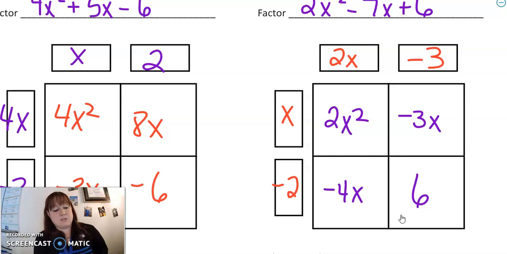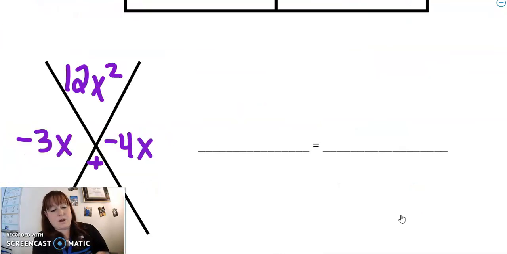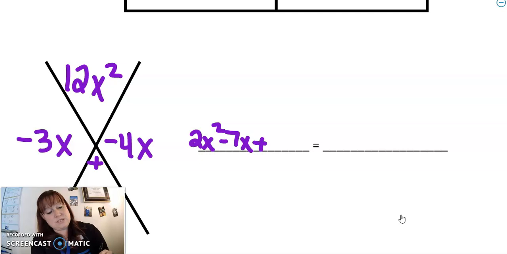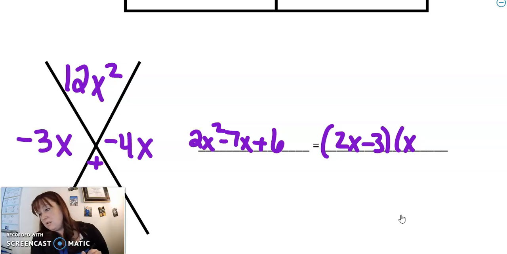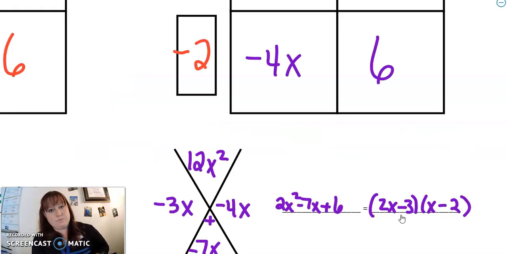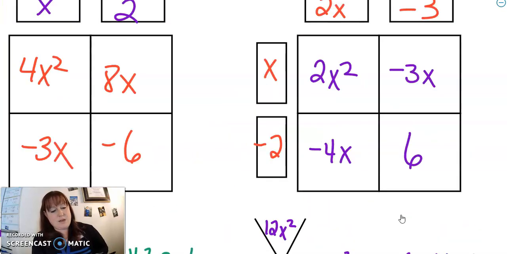So here are my factors. So I can rewrite this and say 2x squared minus 7x plus 6 equals 2x minus 3 and x minus 2.